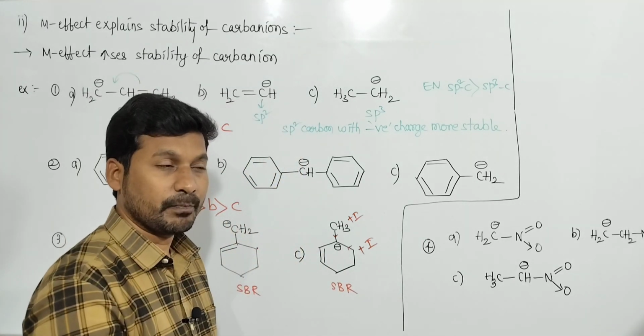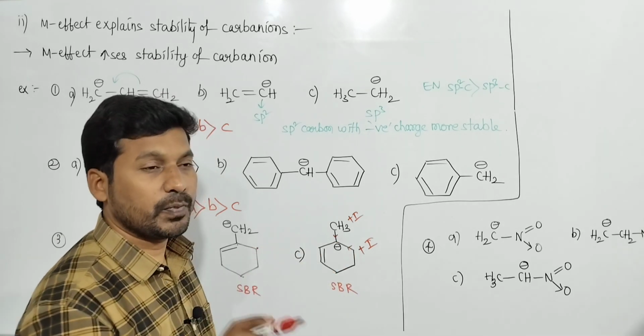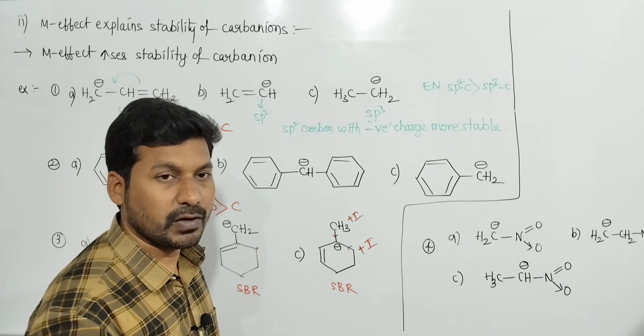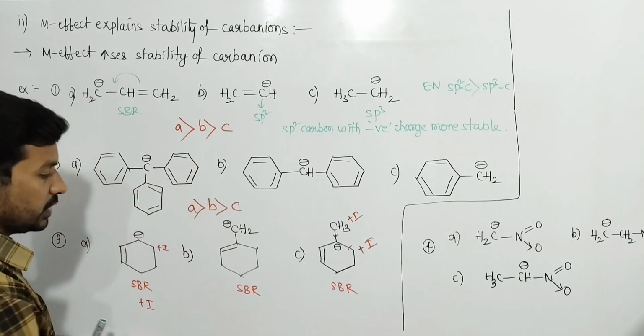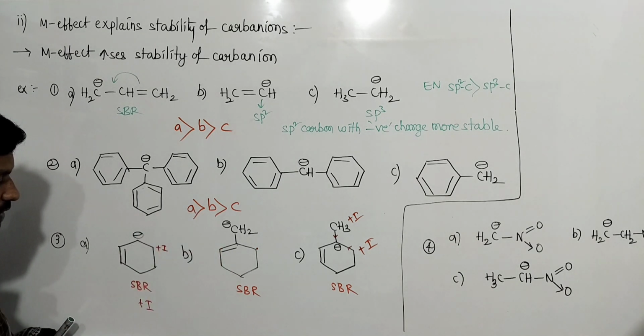Minus I group means electron withdrawing group. So plus I group decreases stability of carbanion. As the number of plus I groups increases, stability of carbanion decreases.